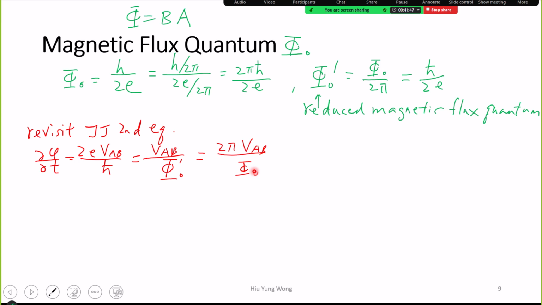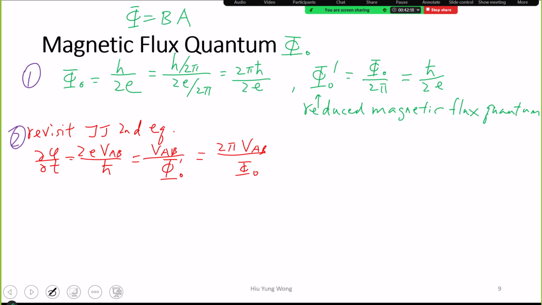So you will see different equations in the literature or when you read books. Just be careful. But anyway, the most important thing is that the rate of change of the flux is proportional to V_AB divided by the reduced magnetic flux quantum. That's the second thing that I want to show you, that we introduce the reduced magnetic flux quantum into the second Josephson equation.